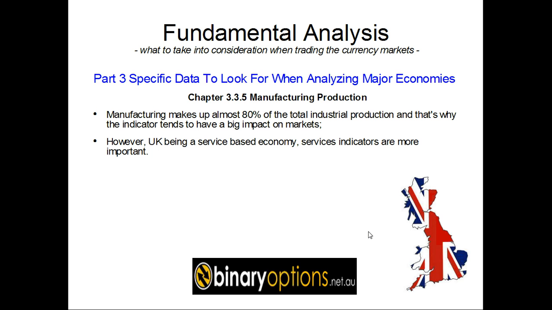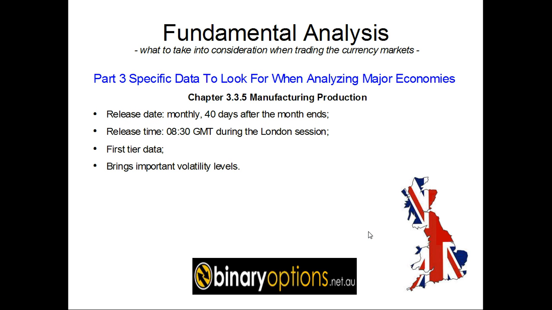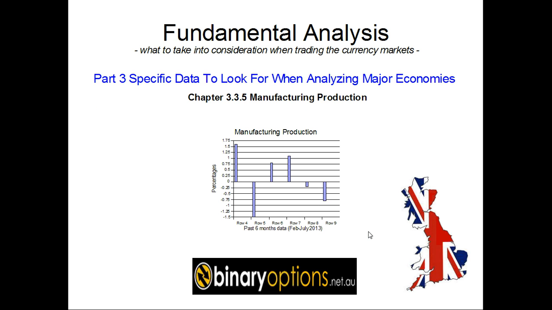So this one should be treated with a grain of salt. Again, the release date is monthly, about 40 days after the month ends. The release time is 8:30 GMT during the London session, and this one is a first tier data, not a second tier data like I mentioned earlier. This is a first tier data, and it brings important volatility levels.